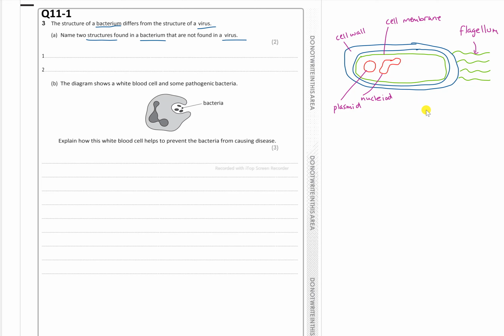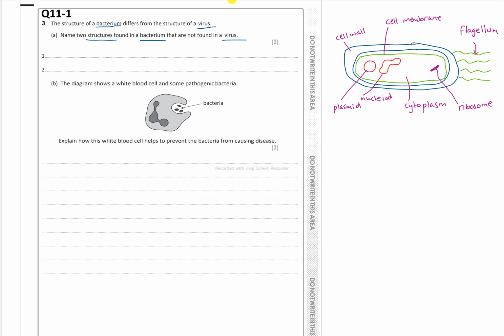Right, what else have you? Inside here, you've got cytoplasm. And you've got a ribosome. Right, there's no mitochondria.